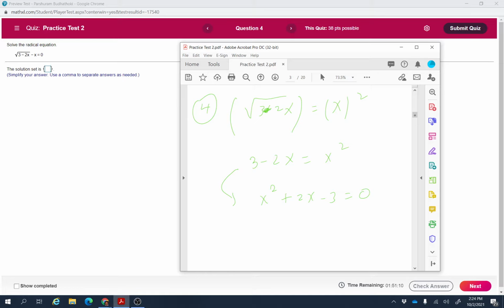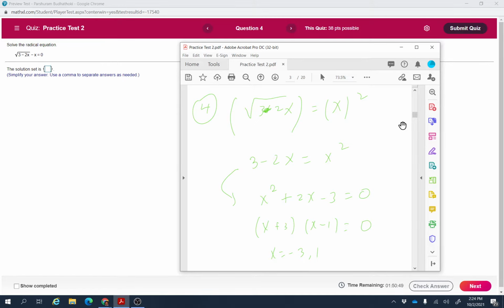So you're looking for a product of -3 such that the sum would be +2. That is actually +3 and -1, right? +3 times -1 is -3, and +3 minus 1 is +2. So these are the two possible solutions.